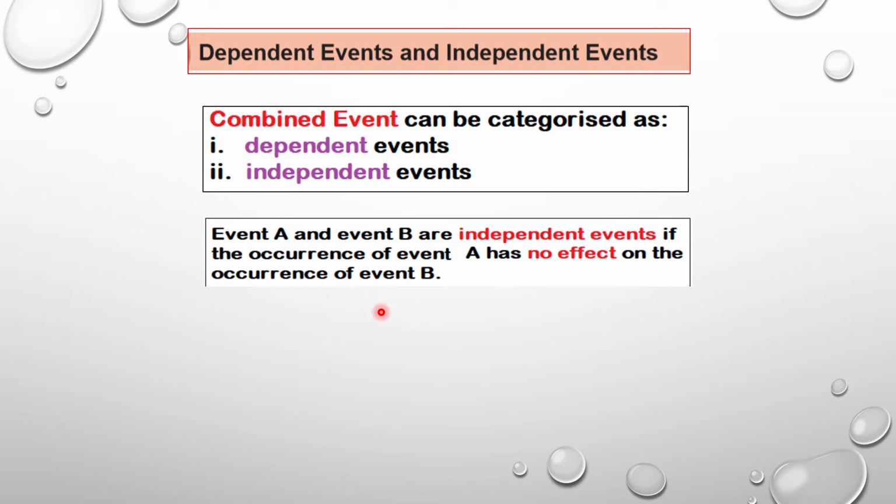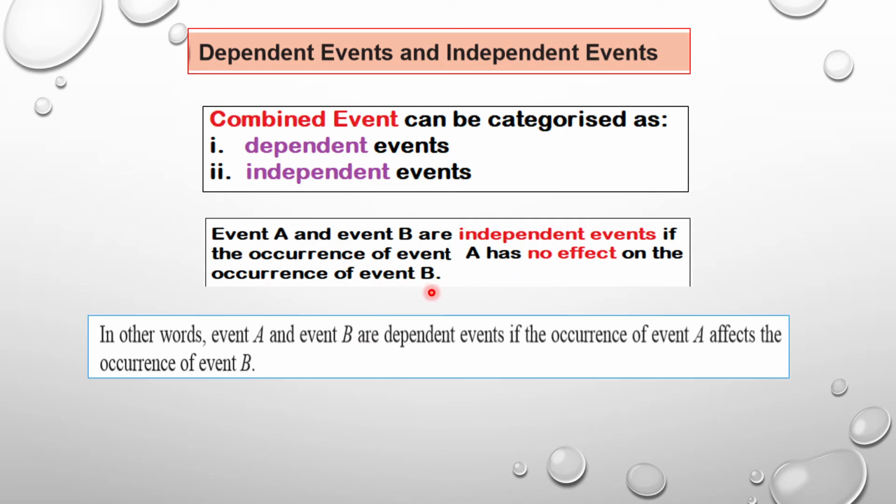Independent events means the occurrence of event A has no effect on the occurrence of event B. In other words, event A and event B are dependent events if the occurrence of event A affects the occurrence of event B. Okay, in the next slide we will see more examples on this.